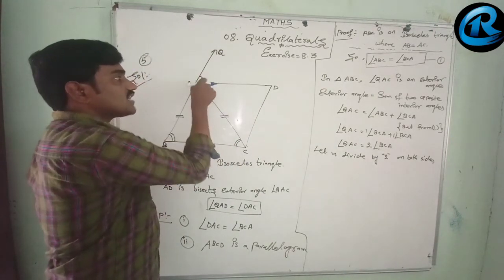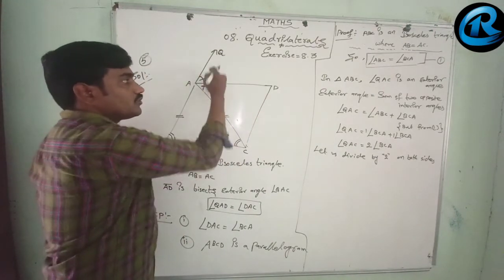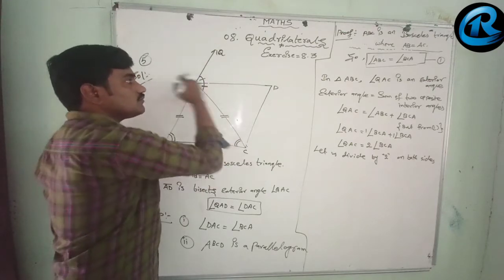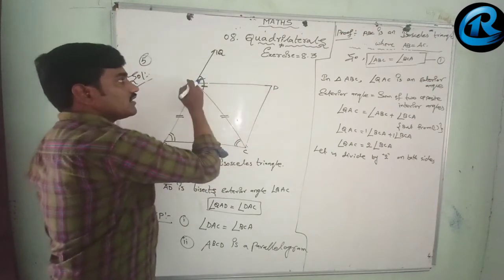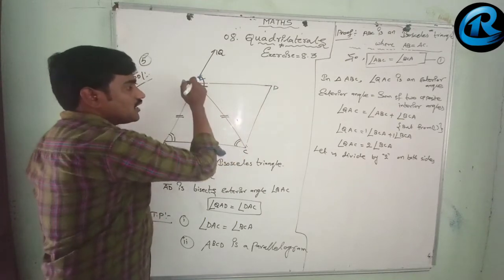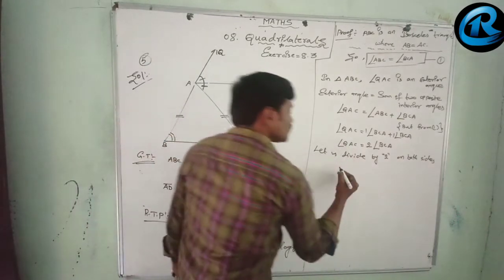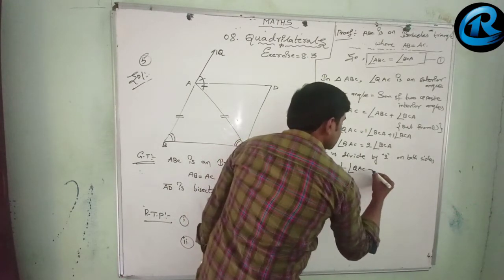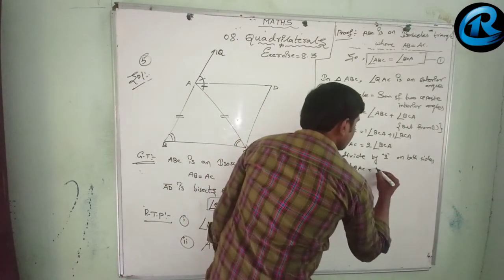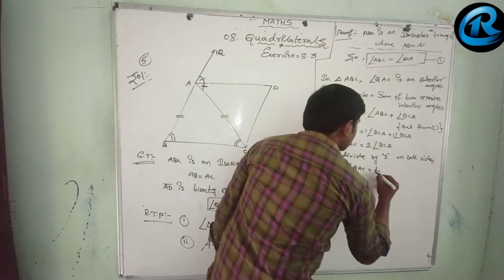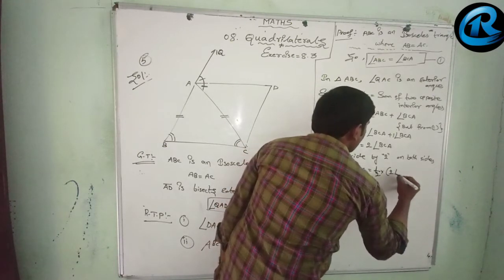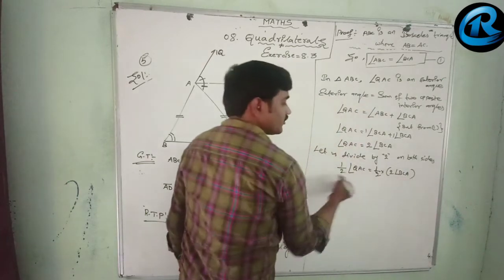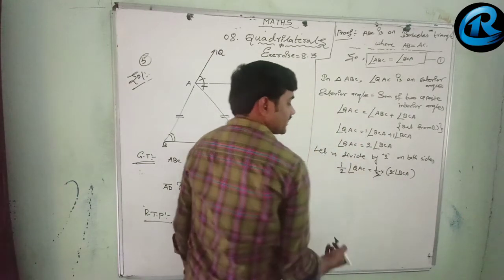When you divide this angle by 2, it will be divided into two equal parts, nothing but bisecting. That is why, if we divide angle QAC by 2, it becomes angle QAD plus angle DAC. So half of the angle QAC is equal to 1 by 2 into 2 of angle BCA. So this 2 gets cancelled.